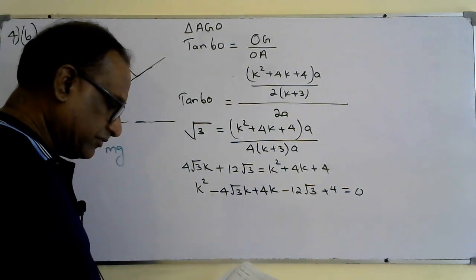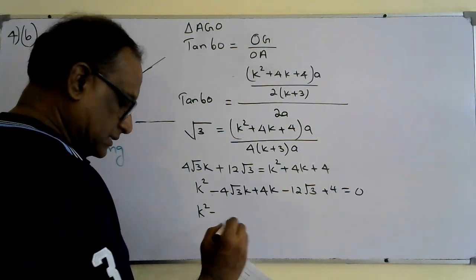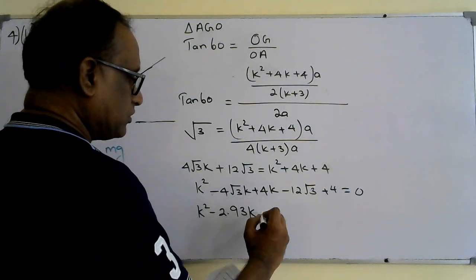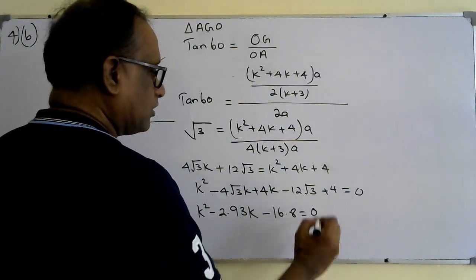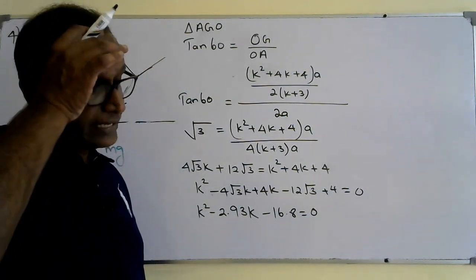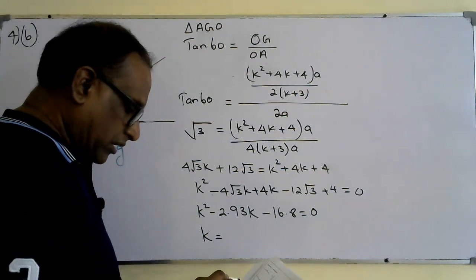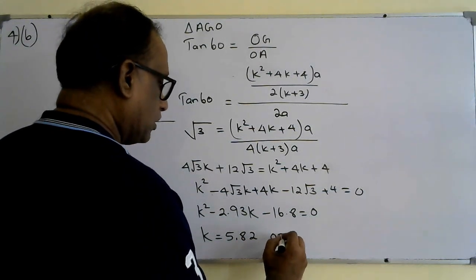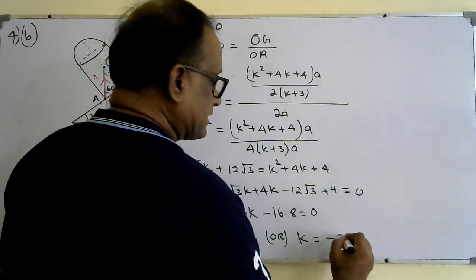So solve it, you will finally get the quadratic equation k squared minus 2.93k minus 16.8 equals 0. By using a calculator, you can solve this quadratic equation. You will get k equal to 5.82 or k equal to negative 2.90.